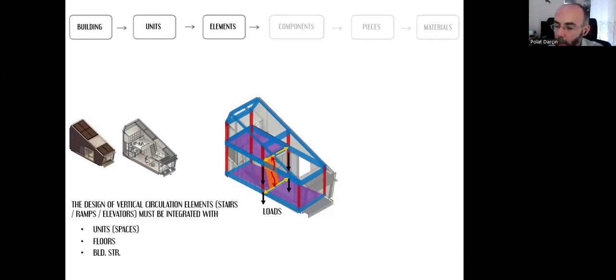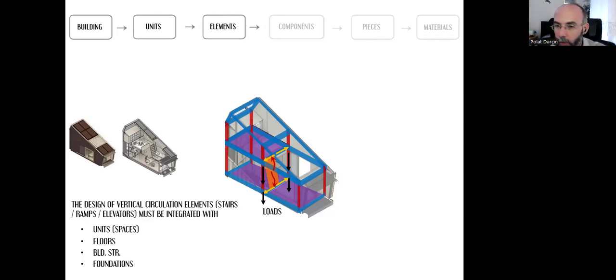Again, they will be transferred to the columns, or to the foundation, maybe depending on the level. If this is a ground floor and there is no basement floor, then we know, as we have learned, that there will be foundation columns. So the loads will be transferred to those columns.